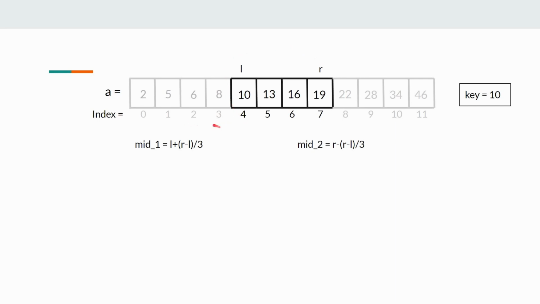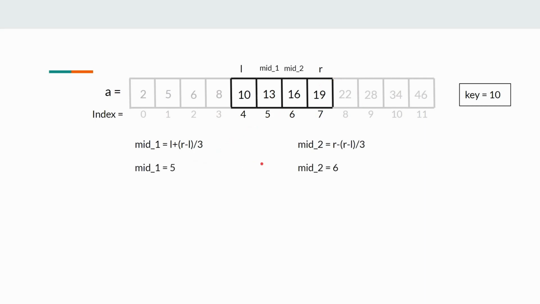So if you see 1, 2, 3, 4, 5, 6, 7, 8, we literally reduce the array search field down to 1/3. We remove 2/3 of the array with one iteration, which is why this search method is slightly faster than binary search.